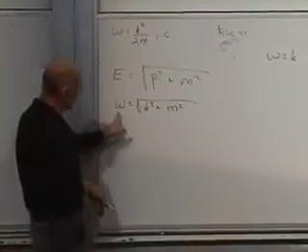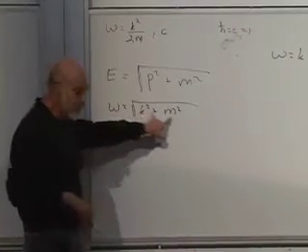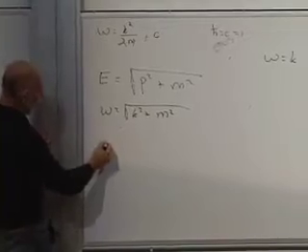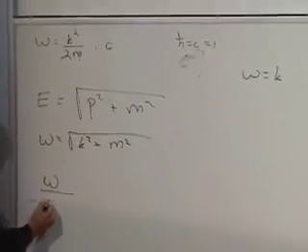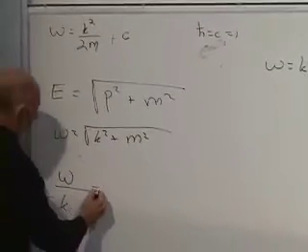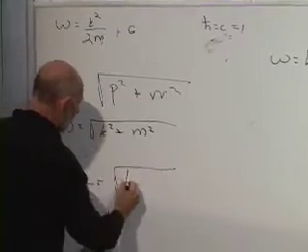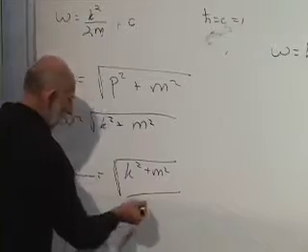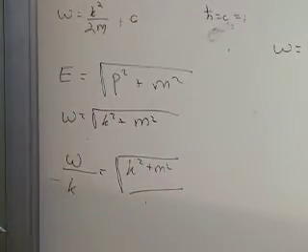All right, but now let's calculate the group velocity when the mass is not equal to 0. Well, both of them. Let's calculate both of them. Omega over k, that's the phase velocity. That's the square root of k squared plus m squared over k, but let's put it all inside the square root.